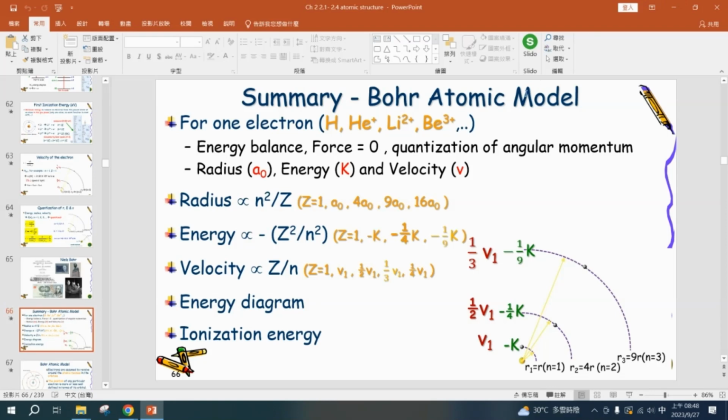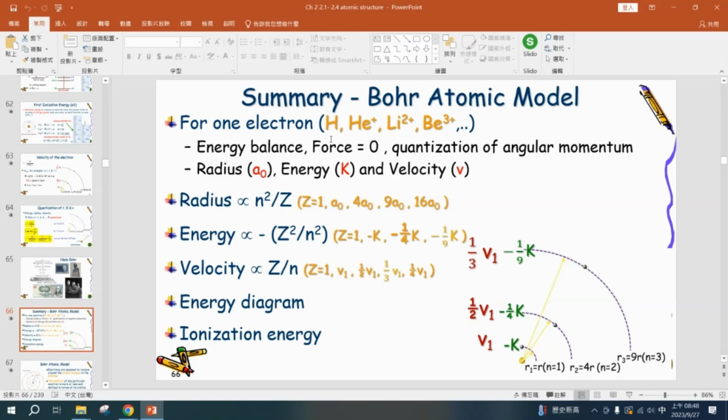This is a very important model called the Bohr atomic model. There are 6 postulates for the atomic model. We know that this is only a one electron model.